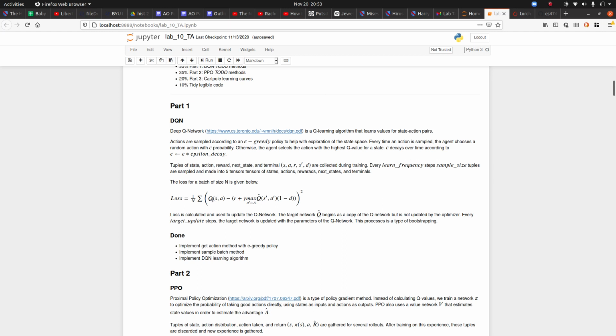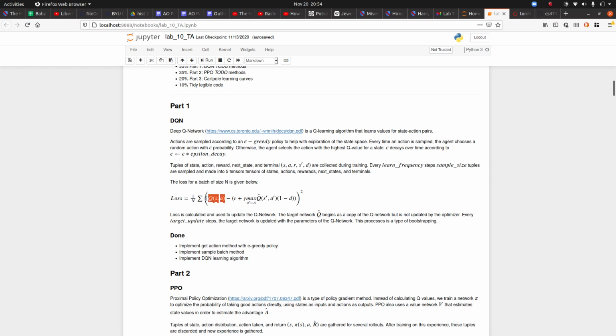So that is why there's a difference between Q and Q hat. They're the same network in structure, and Q hat is literally assigned the value of Q, right? But they have different underlying parameters. Q is updated regularly, whereas Q hat is only updated every so often. Okay, so that's the difference between Q and Q hat.